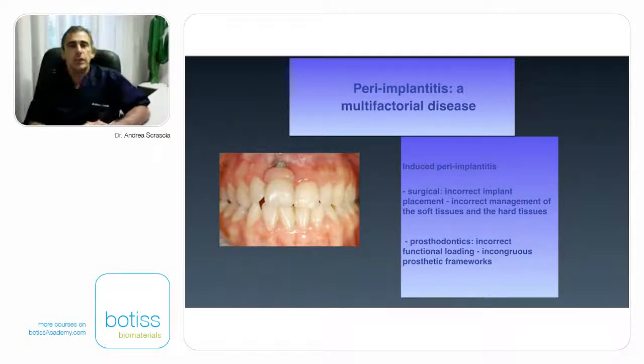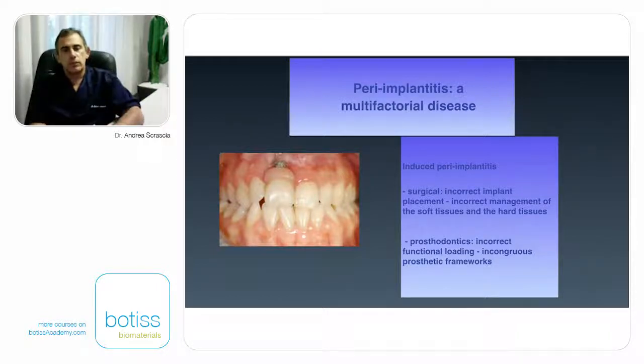Surgical, for incorrect implant placement and incorrect management of the soft and hard tissues. Prosthodontic, for incorrect functional loading and incongruous prosthetic frameworks. As far as periimplantitis is concerned, in this specific case I will talk about and examine the complications that could occur to the soft tissues.